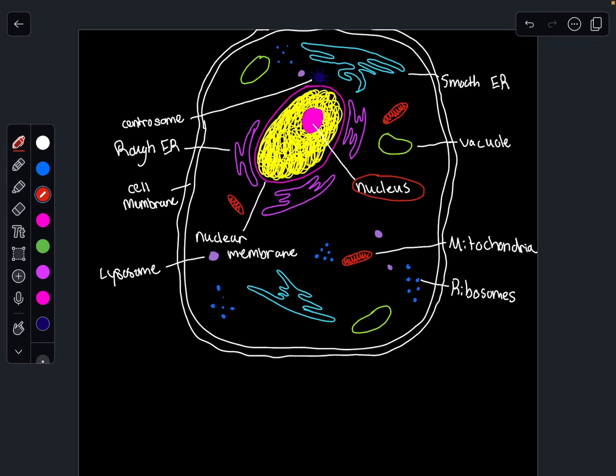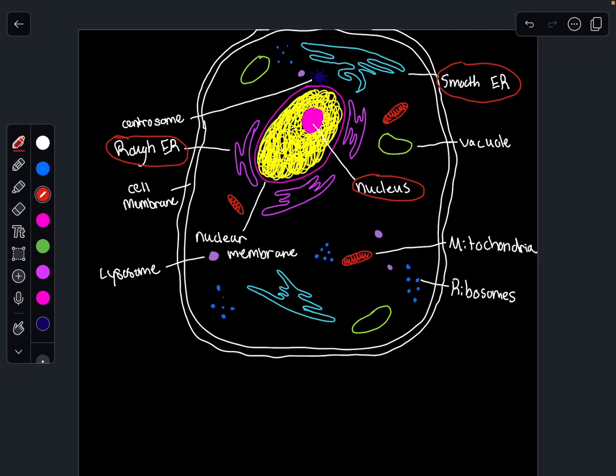Next thing I want to talk about is going to be the smooth ER and the rough ER. So, the rough ER, it's this pink thing right here. It looks very rigid.